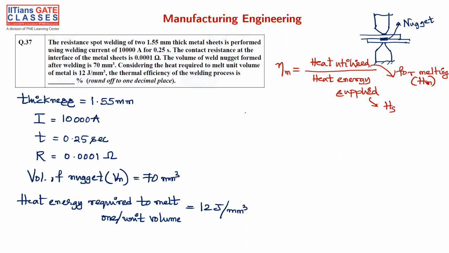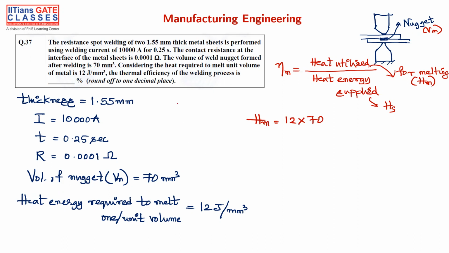So what is HM? He's saying that the volume of the nugget is Vn here, right? He's saying 12 joules of heat energy is required for melting 1 mm cube. For 70 mm cube, how much? 12 into 70, right? So HM can be written as 12 into 70.